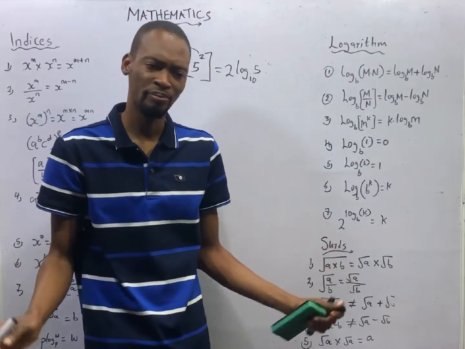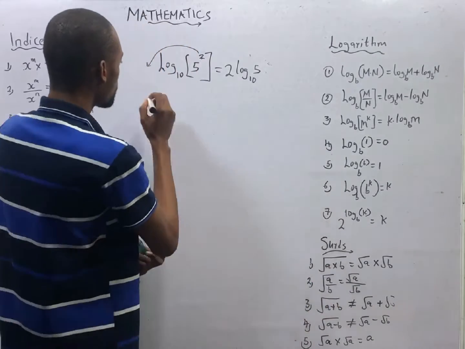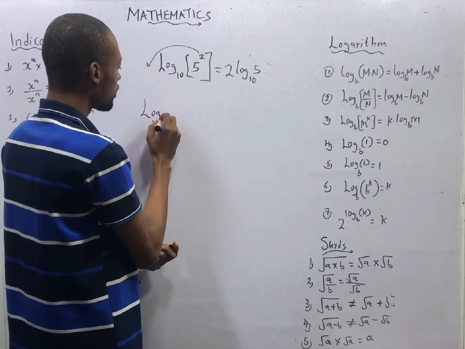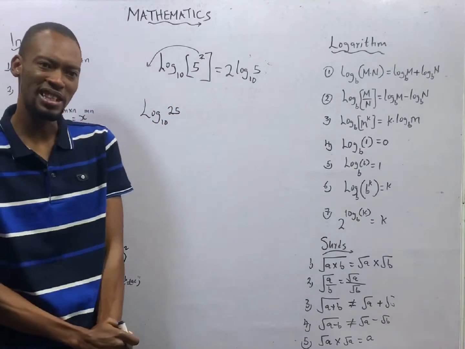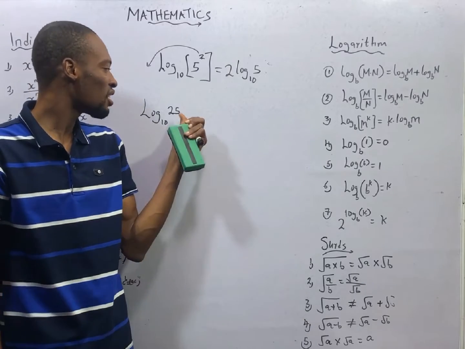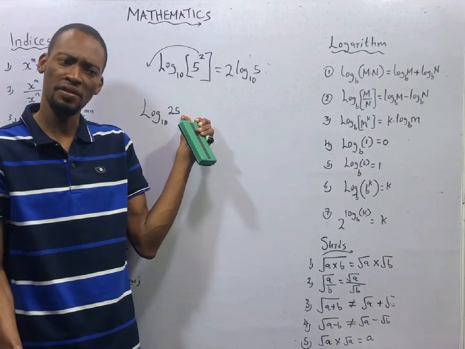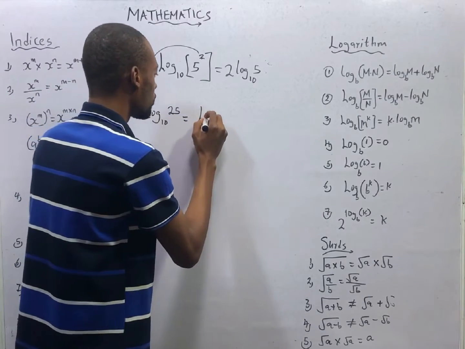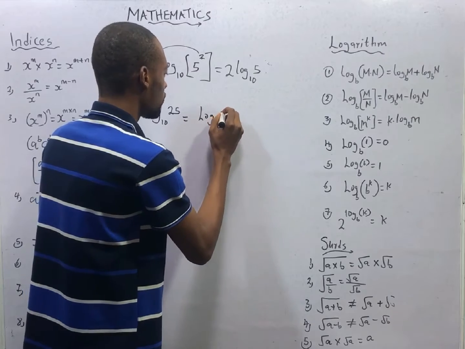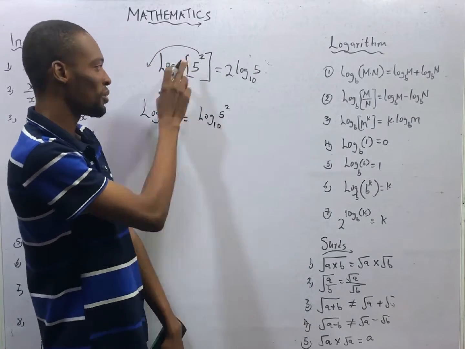That is logarithm. From this law, I can do something like this. If you give me log 25 to base 10, since I know that 5 raised to the power of 2 is 25, 5 times 5 is 25, this is the same thing as log 5 squared to base 10. So I've changed the logarithm from this form to this form.